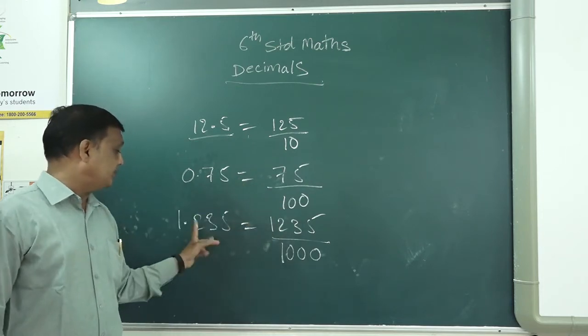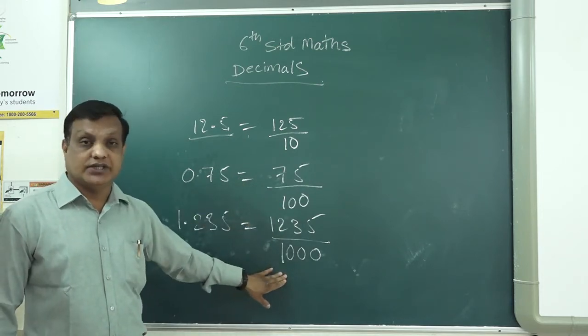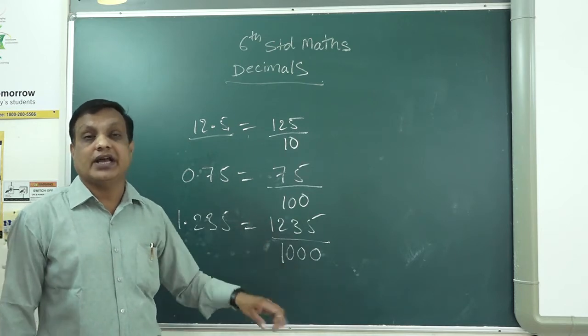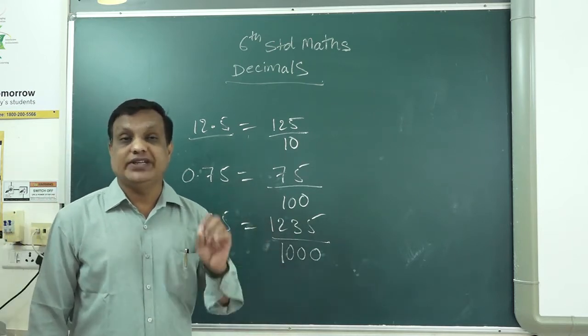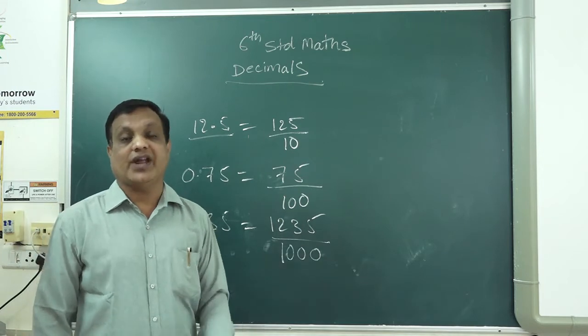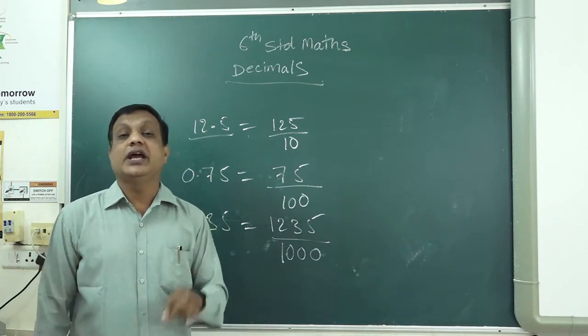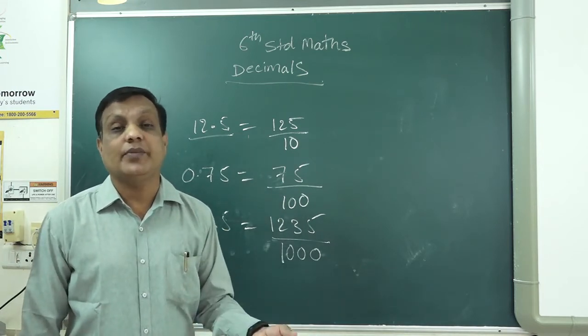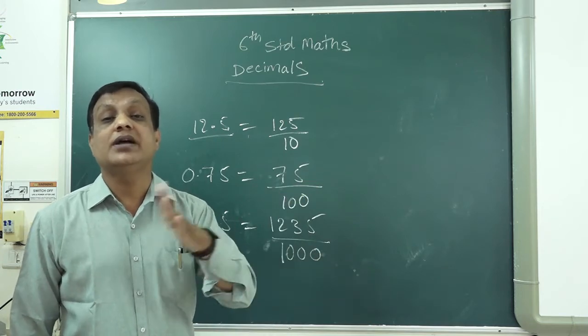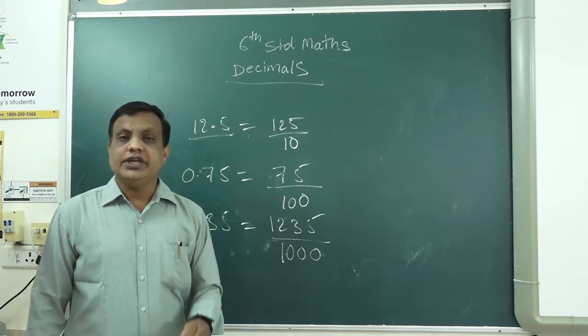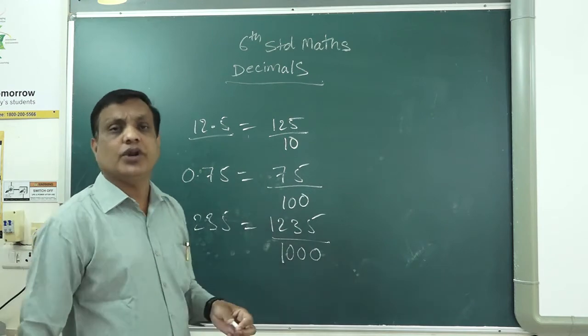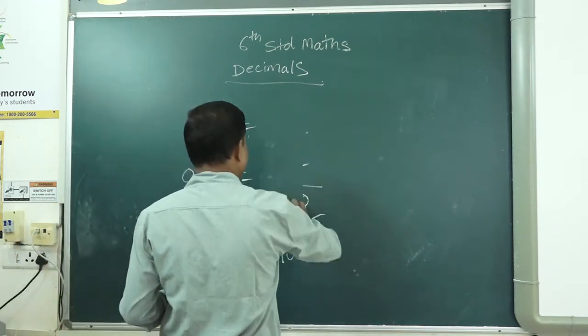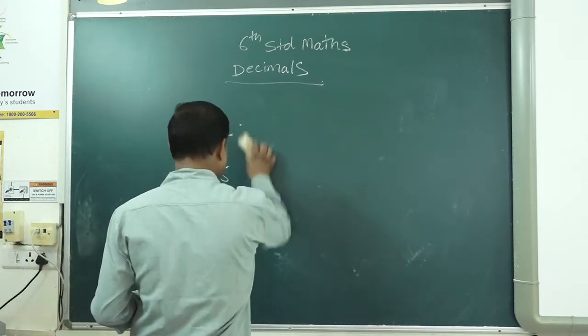And here 3 digits after the point, I put 1000. In this way you can write any fraction as a decimal and any decimal as a fraction. Also, you can write any decimal in expanded form and any expanded form as a decimal. And sometimes you have to read the number and write the number.